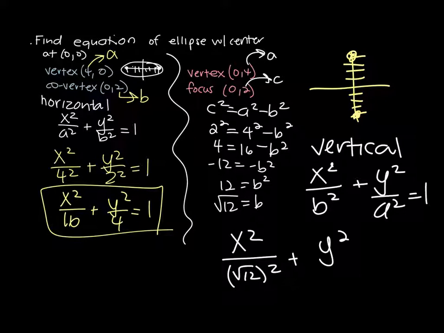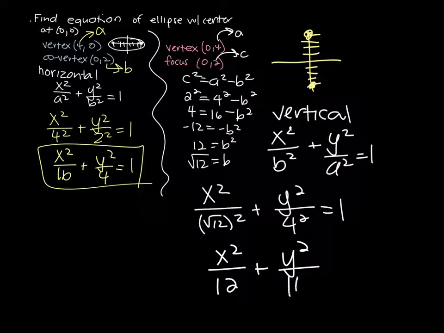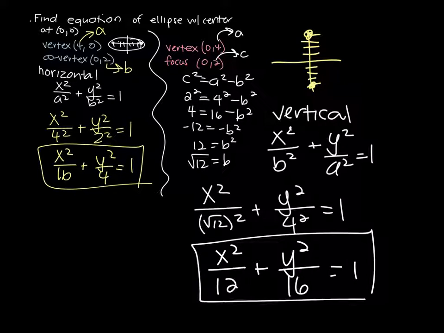The y goes over the a squared, which is 4 squared. So x squared is over 12, y squared is over 16. And again, as soon as you find that it's vertical, you could probably go through your answer choices and cross out anything that has the bigger number under the x.